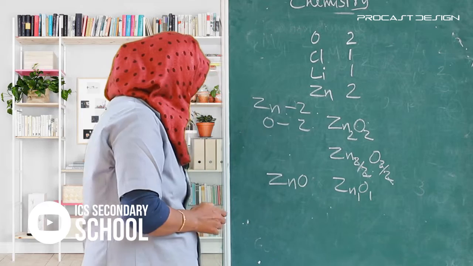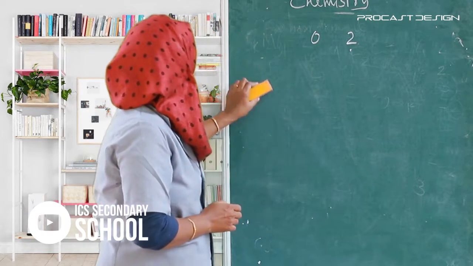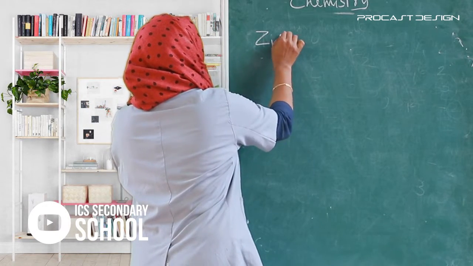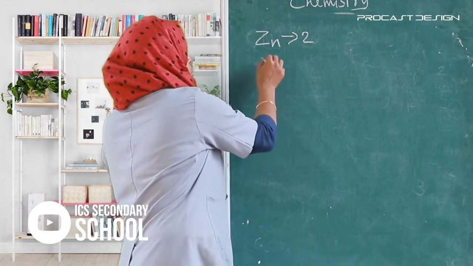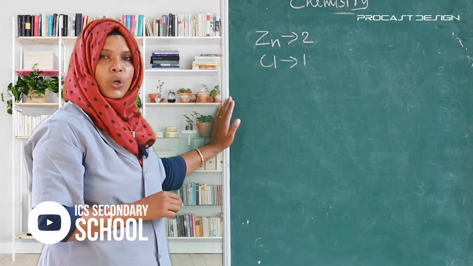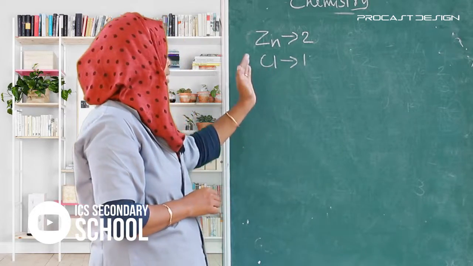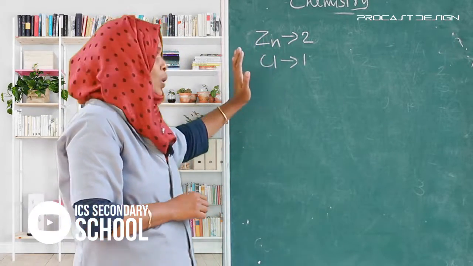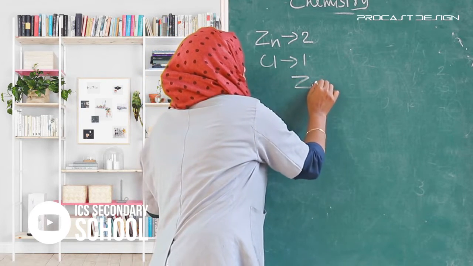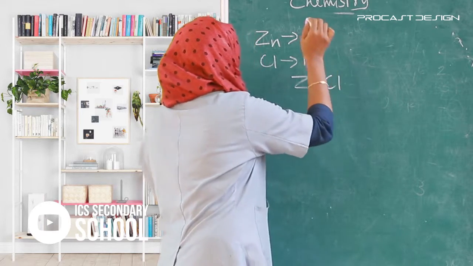Next one, consider zinc valency 2 and chlorine valency 1. First you write the less electronegative element, zinc, then chlorine.